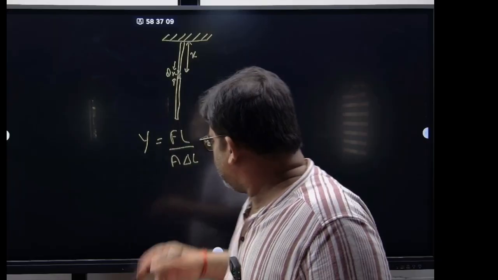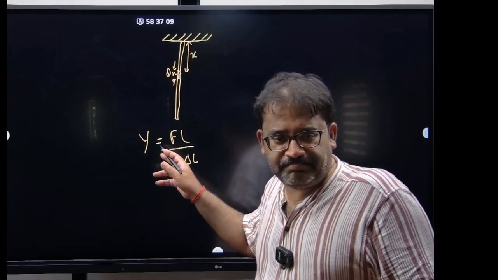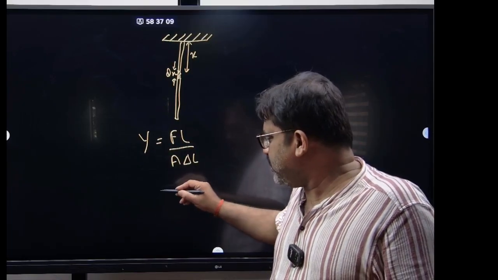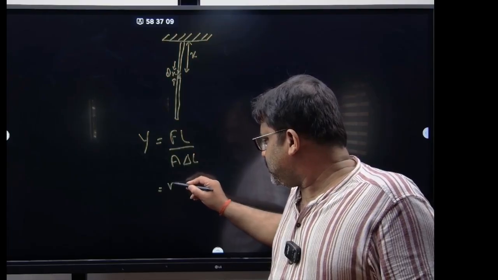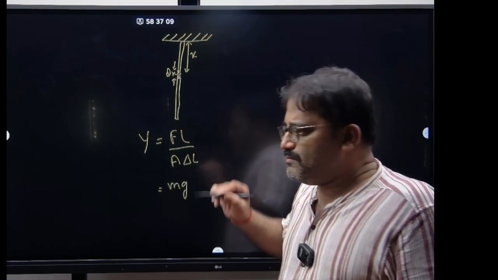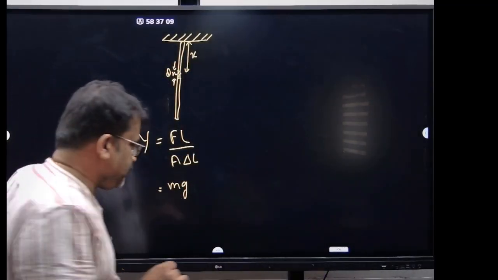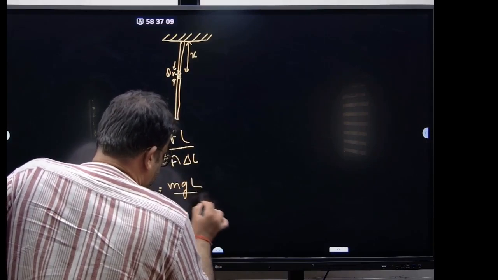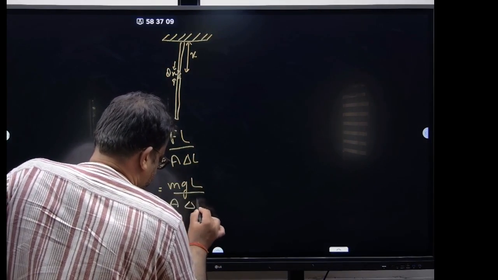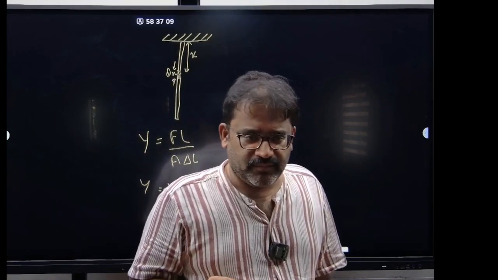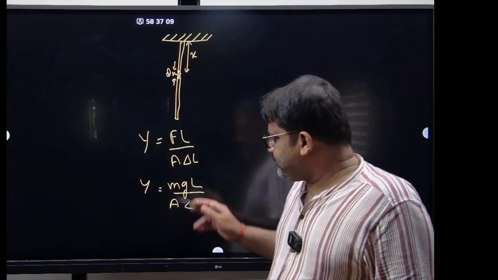So now this particular force will not be just a force, it will be the weight. Now what is the meaning of weight, children? It is the product of mass and acceleration due to gravity, into L divided by A delta L. So this is nothing but Y. Now what is this M, children?